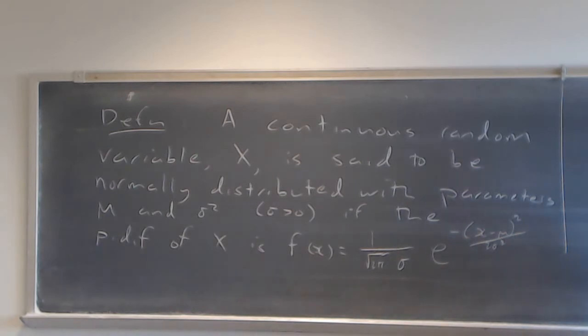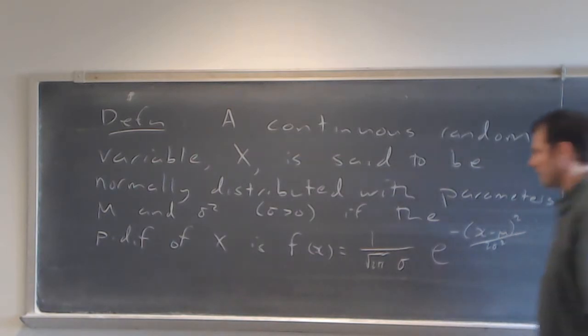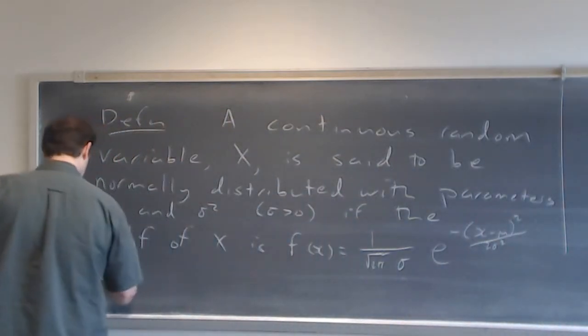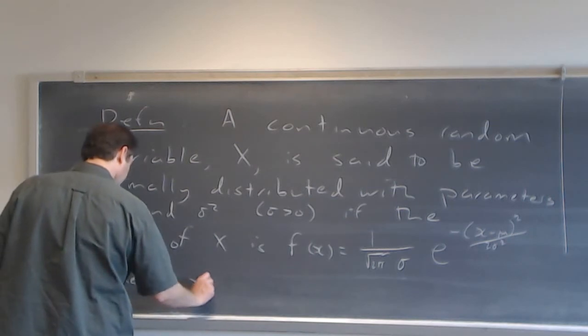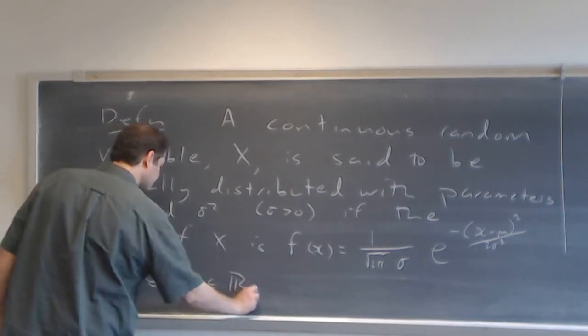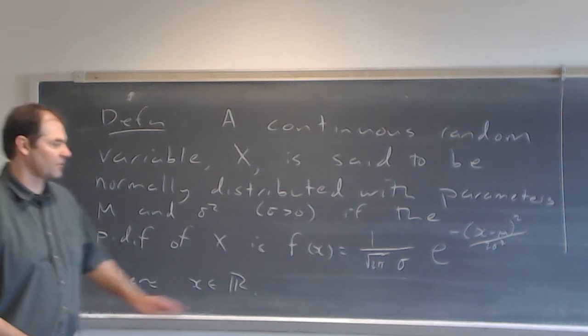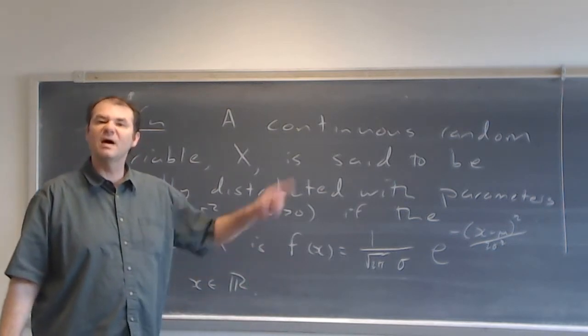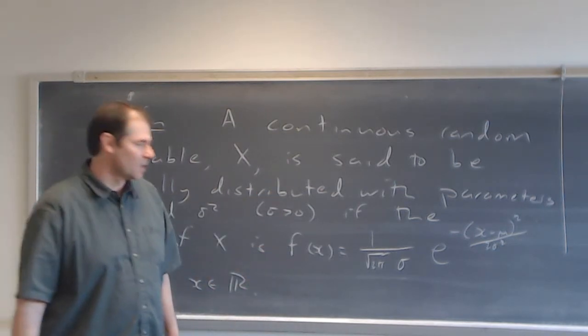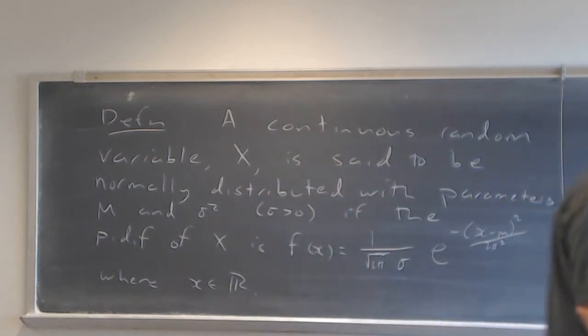That whole fraction is the exponent, where x is an element of the real numbers. So this is defined over the whole real line, and it's that bell-shaped curve you might have seen before. That's what the PDF is of this normally distributed random variable.